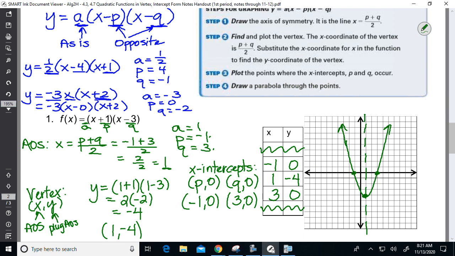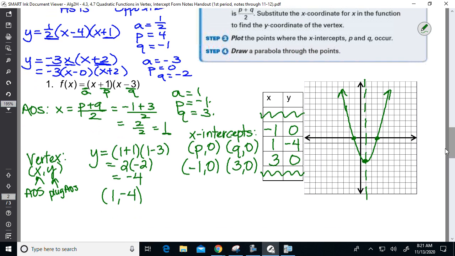So we've got our axis of symmetry, our vertex, our x-intercepts, our table, our graph, so the only thing that's left is domain, which is -infinity to +infinity, and range. The graph opens up, so you start with the y value of your vertex, comma, infinity. That's it, our first graph is done.